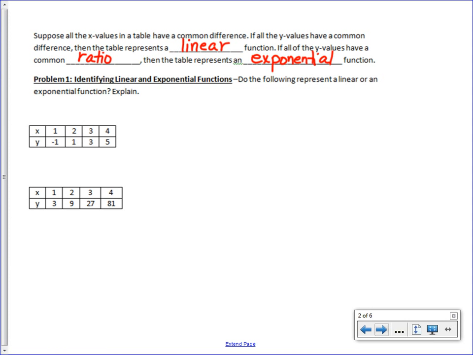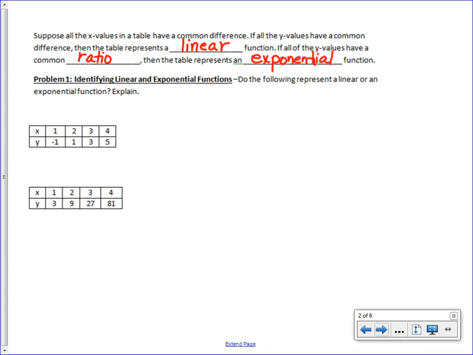You'll see what we mean in problem 1. Identifying linear and exponential functions. Do the following represent a linear or an exponential function, and explain.